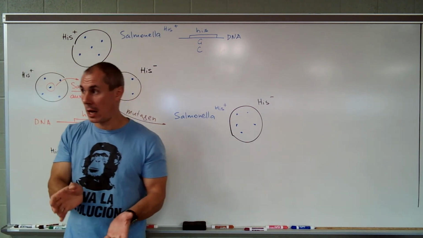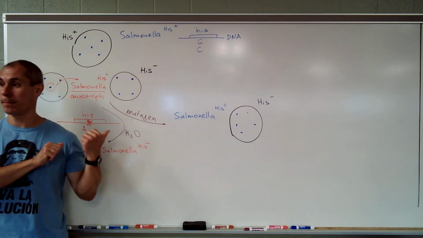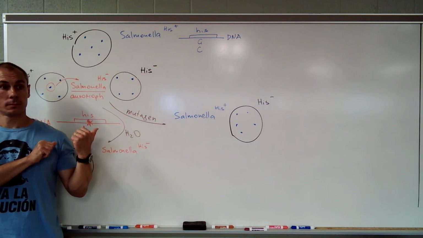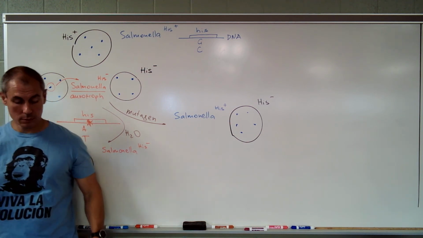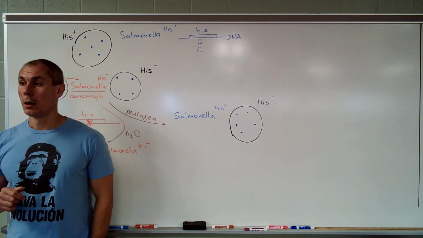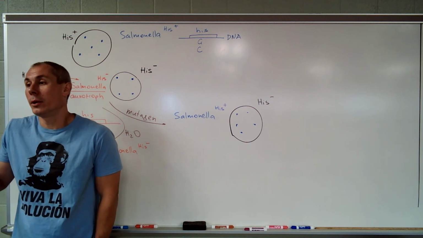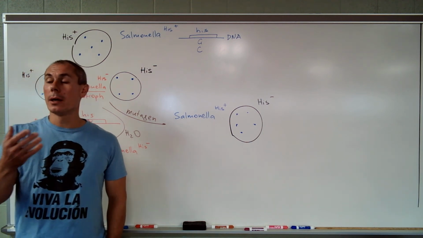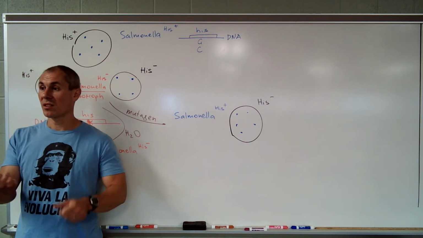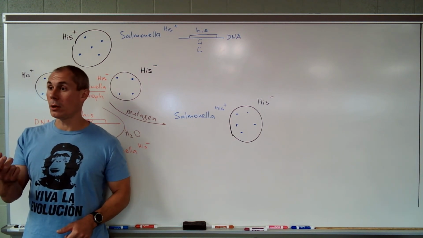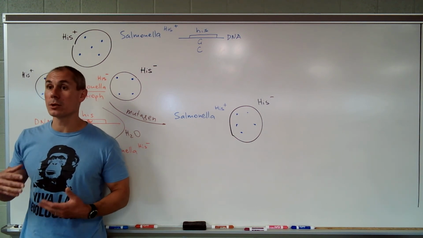Before we wrap up the Ames test, questions about it? Good? Okay. All that's done just to make sure that it's safe enough to put in a human, or whatever you want to put it in. But it's cheap, fast, and you can triage chemicals right away.